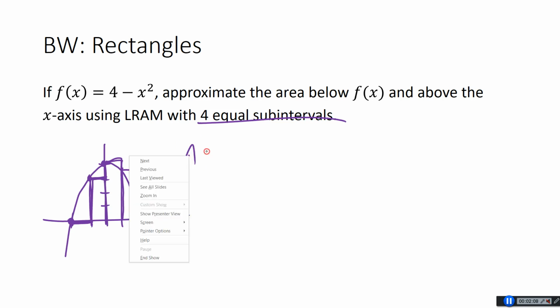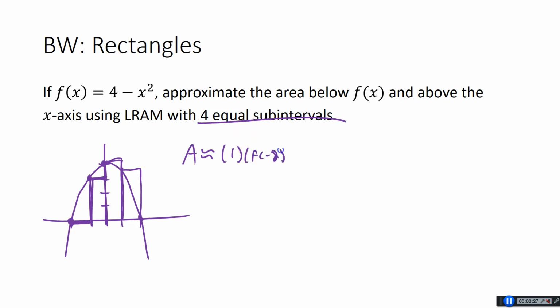So this area is going to be approximately equal to, and I'm using squiggly equal signs because it's not exact. We're using an approximation here. The first one will be 1, which is the width of the rectangle, times f of negative 2. I'm going to write this out with function notation first, because this tends to confuse people. We think of f of x as 4 minus x squared here. Then plus 1, the width of the next one, times f of negative 1.